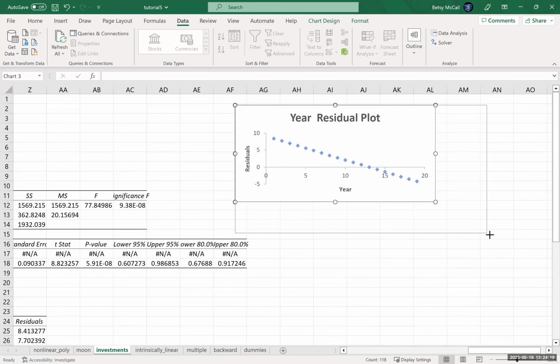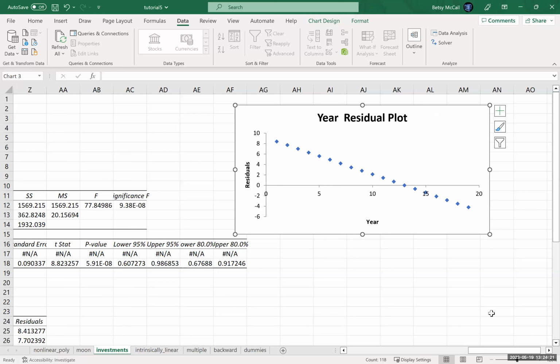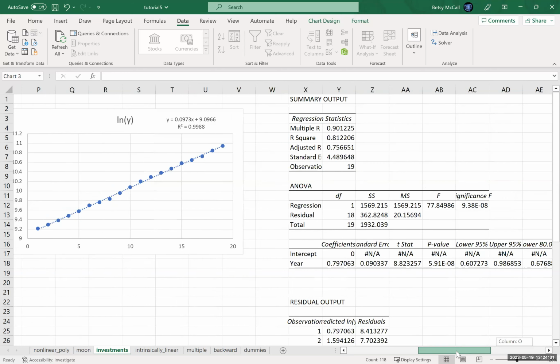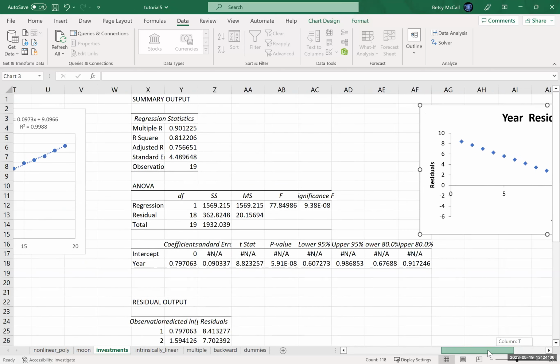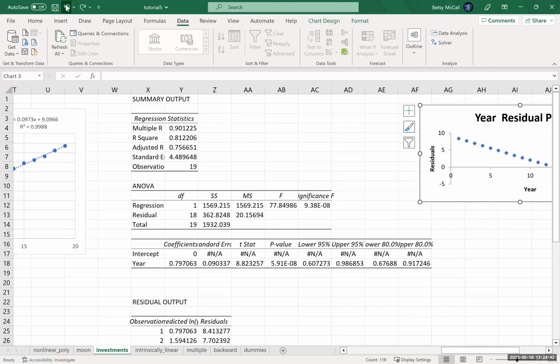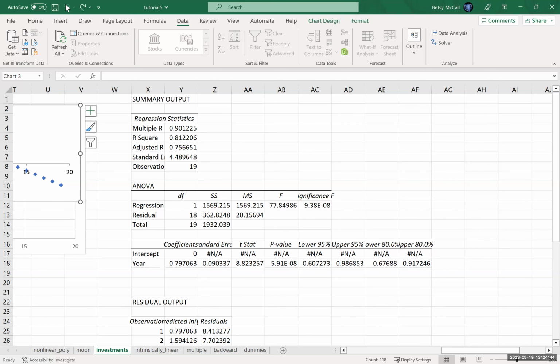That's an interesting residual plot. Normally you shouldn't get a residual plot that looks like that. That's a bad sign. Oh, I have to redo this. I had my constant equals 0 checked from last time.